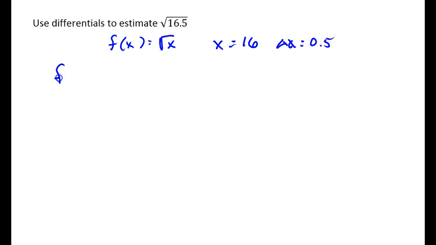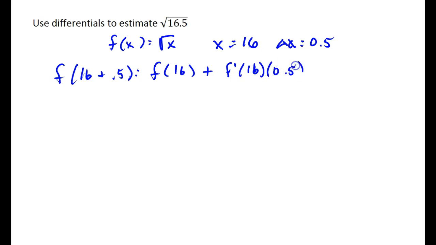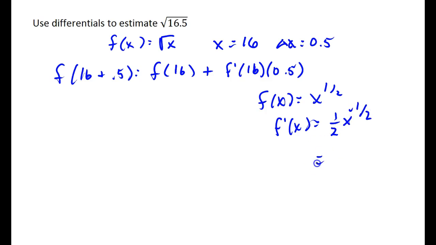So f of 16 plus 0.5 is going to equal f of 16 plus f prime of 16 times 0.5. Let's get f prime of x. If f of x is x to the 1/2, that's the square root of x, then f prime of x is going to be 1/2 x to the -1/2, which is 1 over 2 root x.